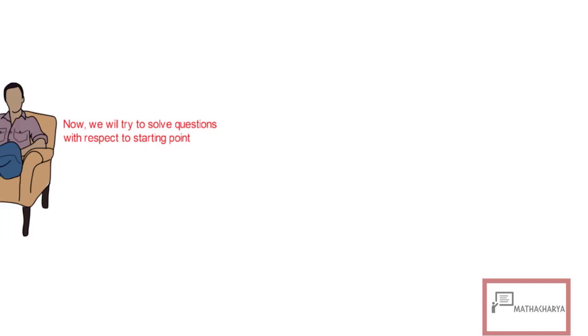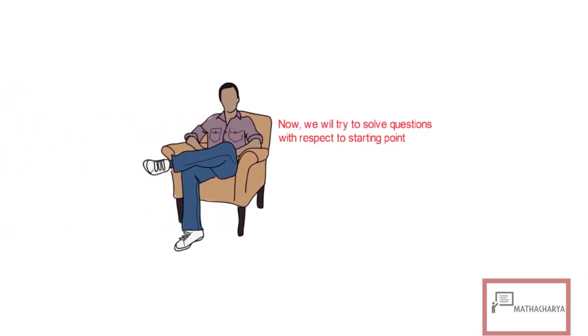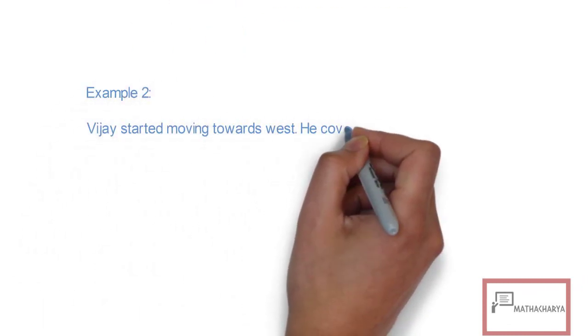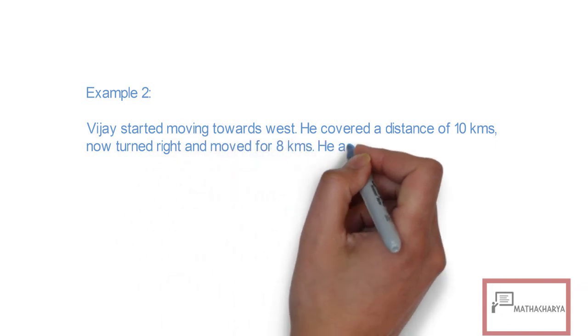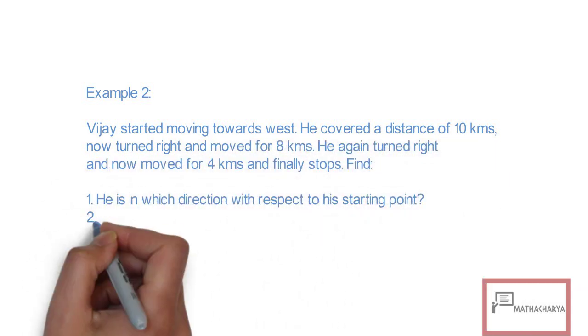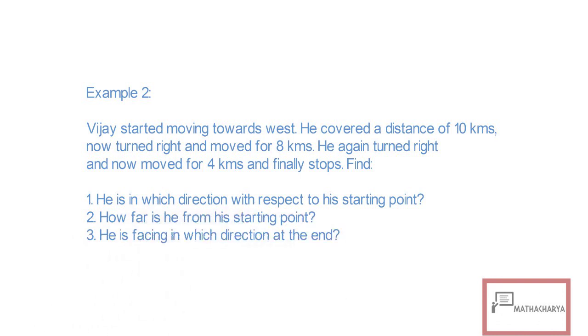Questions with respect to starting point can be a bit tricky, but not with this concept. Let's see how. Have a look at an example on your screen and then we will try to solve it. First part of the question asks about the direction of Vijay with respect to his starting point.